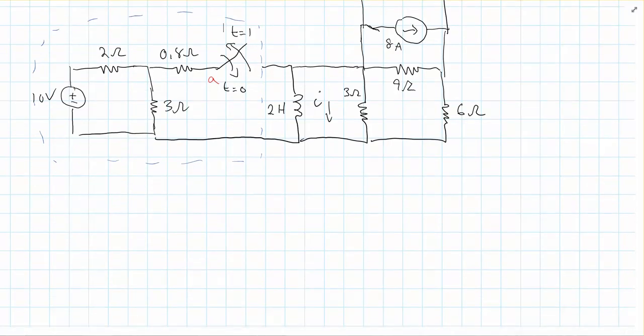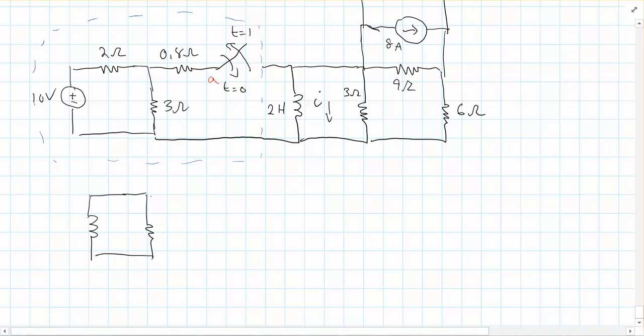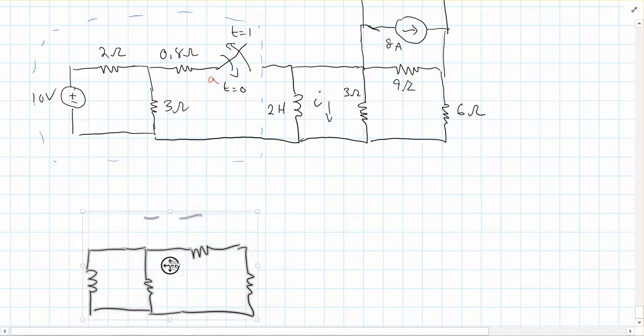So what do we have left then? Well, let's go ahead and draw what we have left, because we need to figure out what the current is initially. I didn't leave myself enough room, so I'm going to lasso this and move it down.